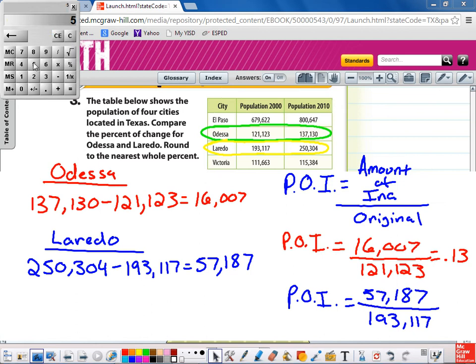I have 57,187 divided by 193,117. And that is going to give me roughly 0.296, which is going to equal about 0.30.